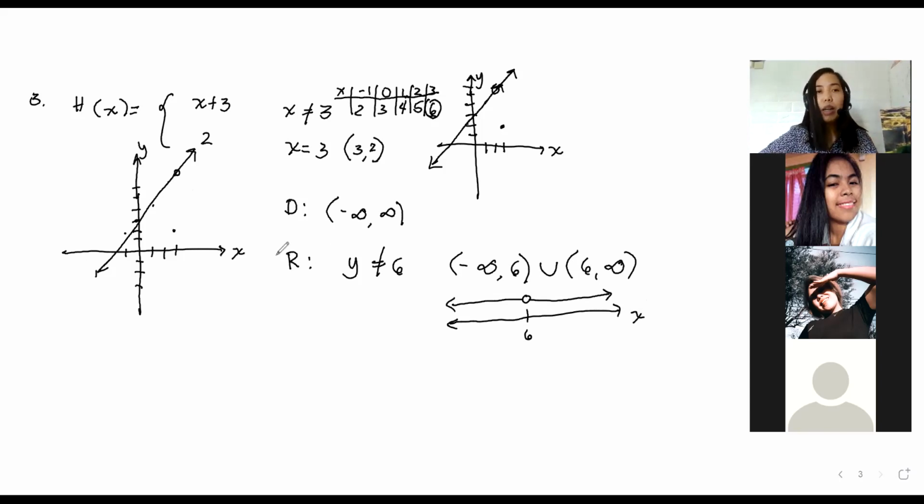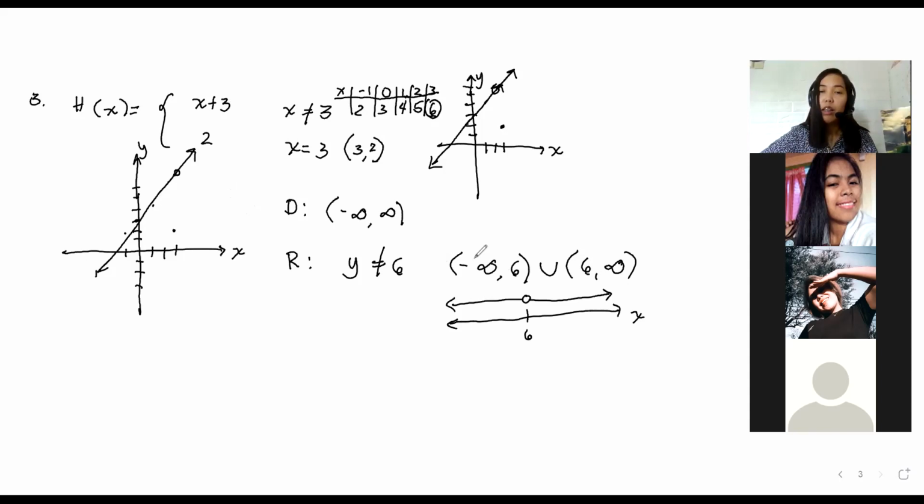Okay? So, ibig sabihin, dito sa range natin, ang hindi lang talaga pwede ay si 6 kasi hindi natin sinama sa domain si 3. Okay? Ito naman si 2, bumalik ito. Si 2 kasi ay part nito ng unang range. Kasi ang unang range natin ay all real numbers except 6.